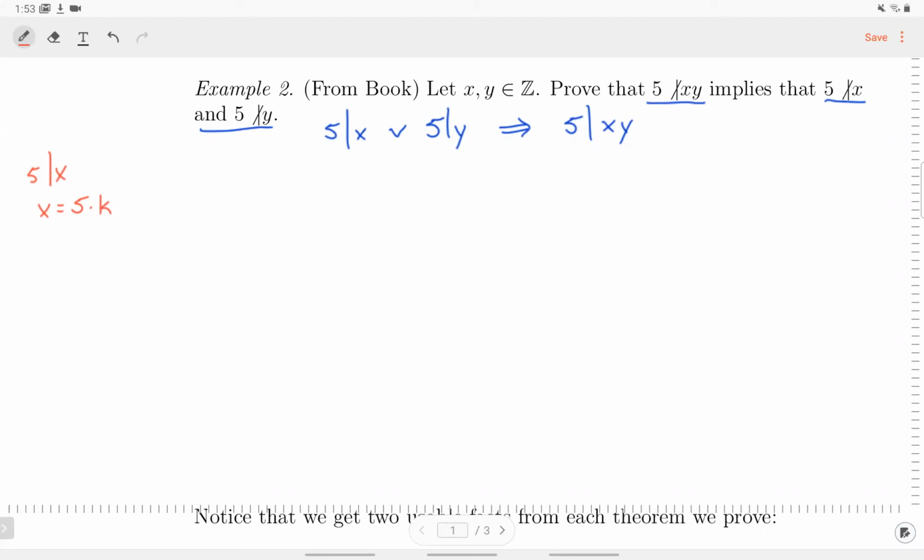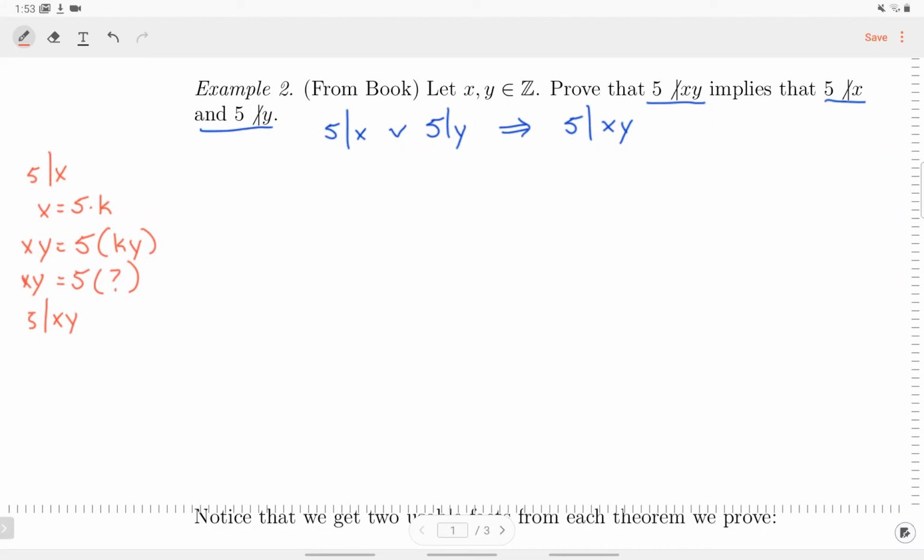What can I do to that equation? How can I get from x to xy? Multiply by y. That's all you got to do. Don't overthink these, guys. And that'll work because y is an integer, so k times y is still an integer.